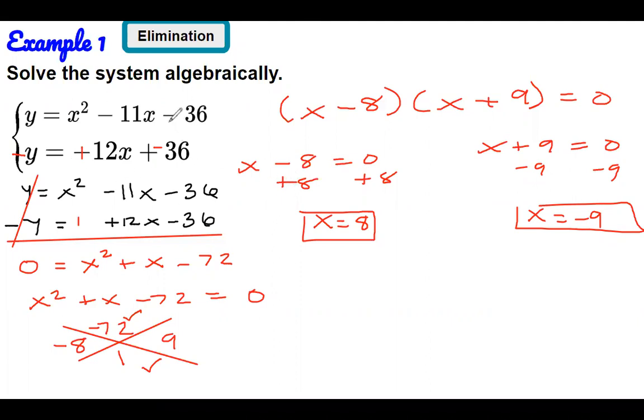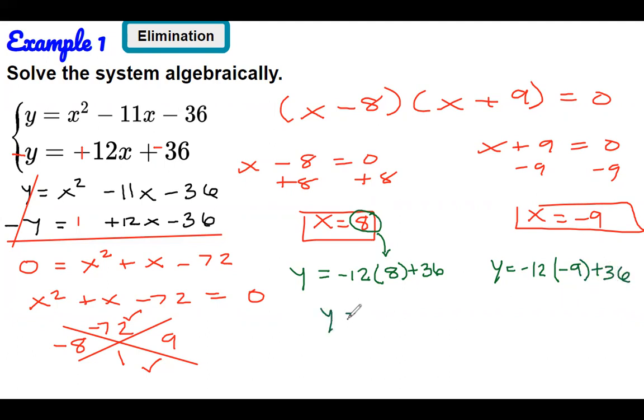So which one do you guys want to use, the first equation, second equation, or third equation? Second. So we have y equals -12 times x plus 36. Instead of writing x, I'm going to write 8 plus 36. The next one I have y equals -12 times -9 plus 36.